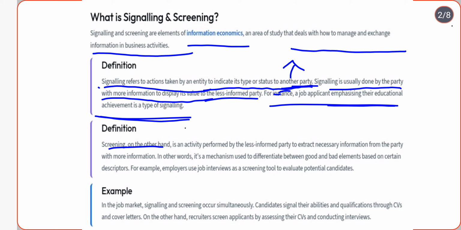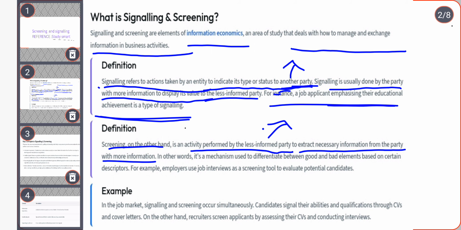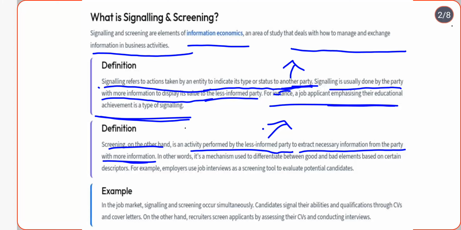Screening, on the other hand, is an activity performed by the less informed party. That means obviously the job interviewer, to extract necessary information from the party with more information. The job interviewer will ask different questions from different fields, will give natural situations, conditions to the candidate, so that he gets the necessary information about the candidate, whether the candidate is good or fit enough for the job or not.